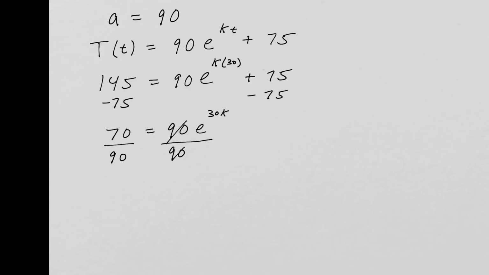Right, so these cancel. So now I have E to the 30K is equal to 70 over 90, which I can write as 7/9. And then I could take the log, remember I want to get K, right? So I could take the log of both sides. So I'll take the natural log of both sides.